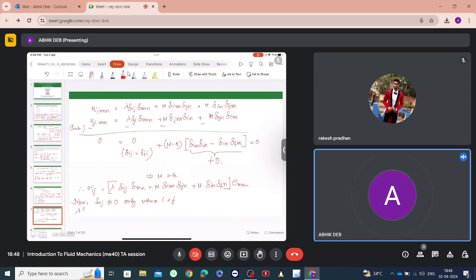So lambda into delta ij delta mn emn, this will not be equal to 0 when i equals j and m is equal to n. Okay, so this will give us... this is not equal to 0, so this term is not equal to 0 only when m is equal to n.